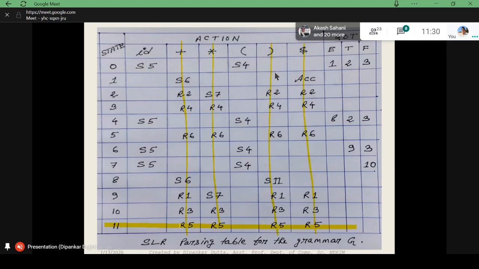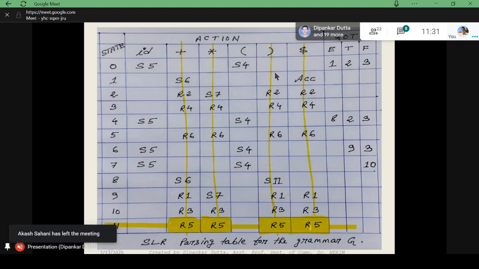We have written R5. Why is it R5? Now I think you got it.